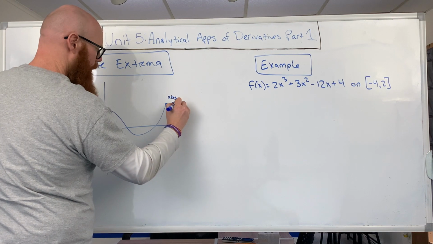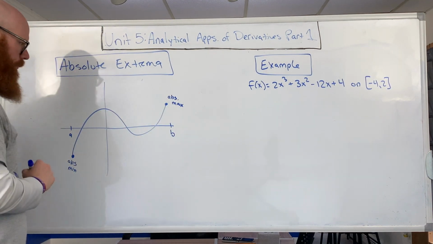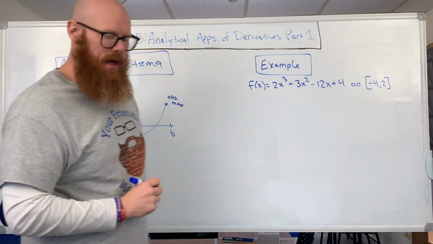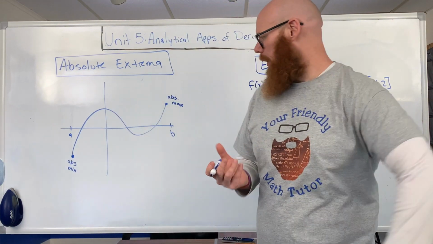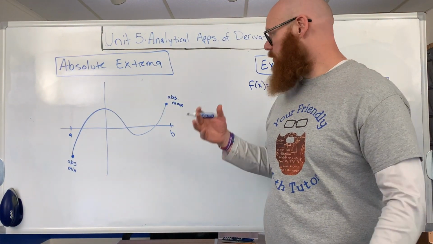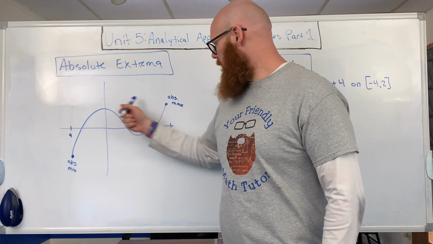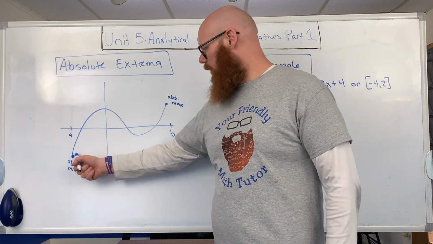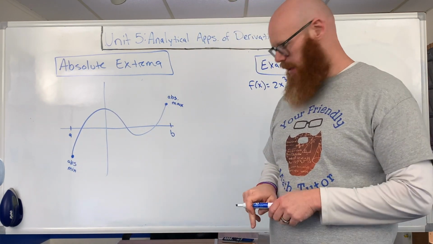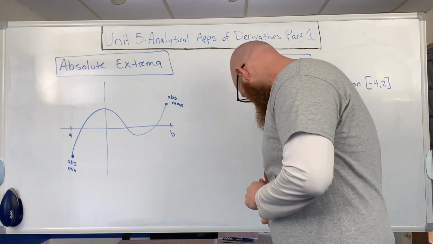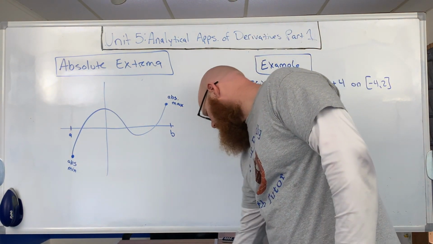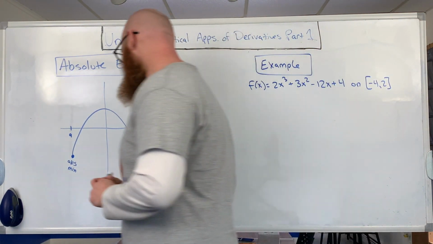So the absolute maximum. Notice where they occurred. They occurred at the endpoints, all right? On this one, they happen to be the highest value is the second endpoint and the lowest value is the first endpoint.